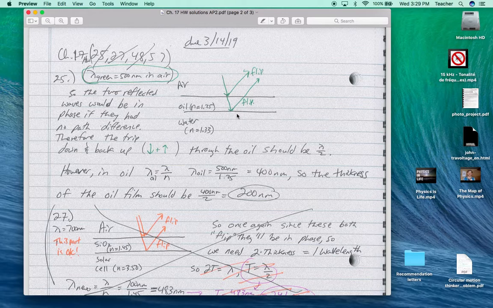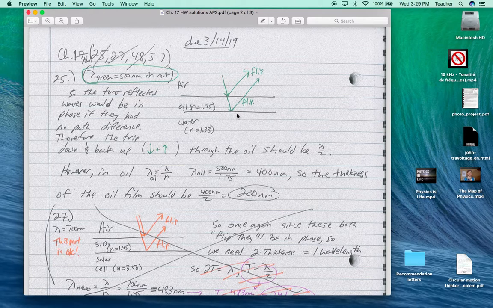Chapter 17, 25. So it says a very thin film of oil on water. It's the thinnest film that produces a strong reflection of green light.